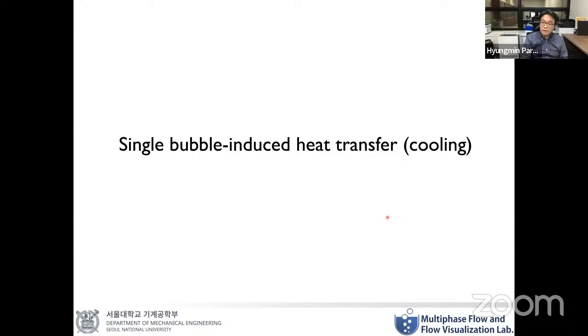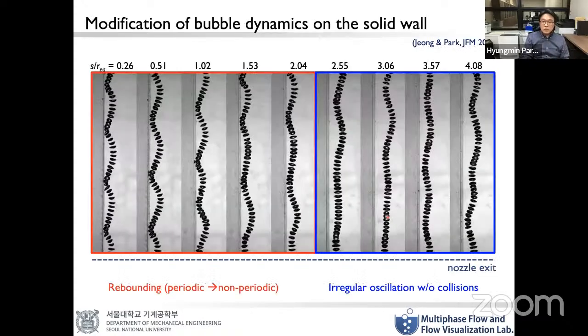Here I'm going to talk first about single-bubble-induced heat transfer, which is actually about the cooling effect. As I showed in the first slide, a single bubble of sufficiently large size, due to the wake instability, rises following an oscillating path like a zigzag or spiral.